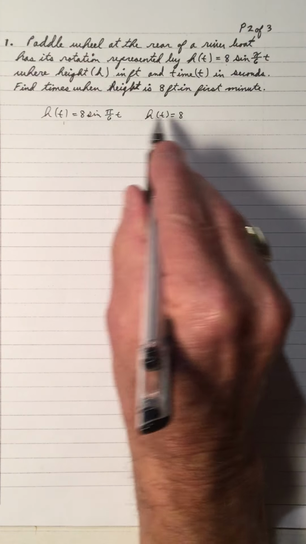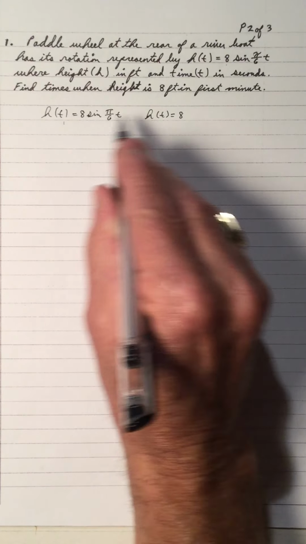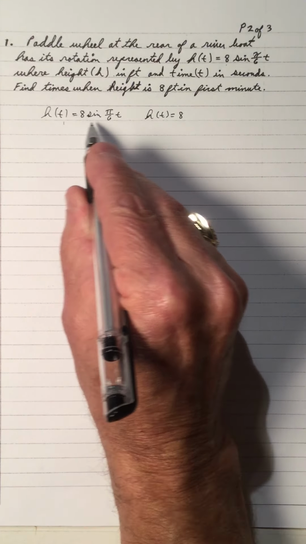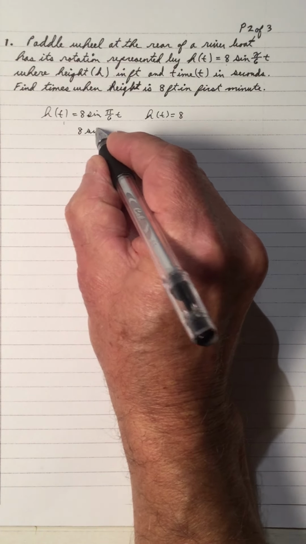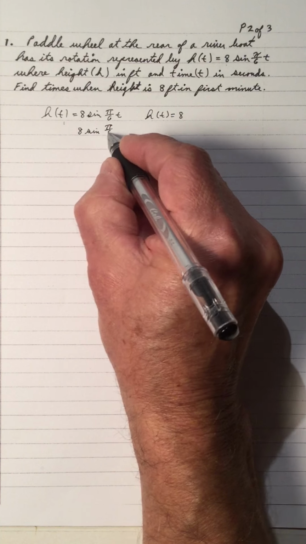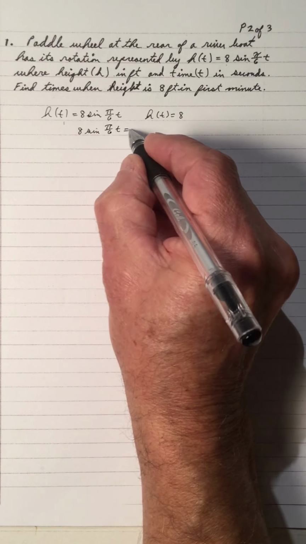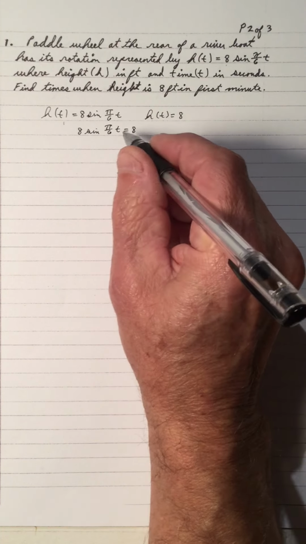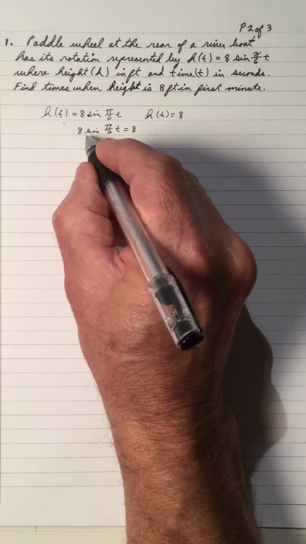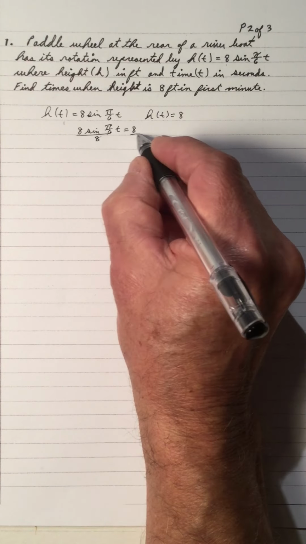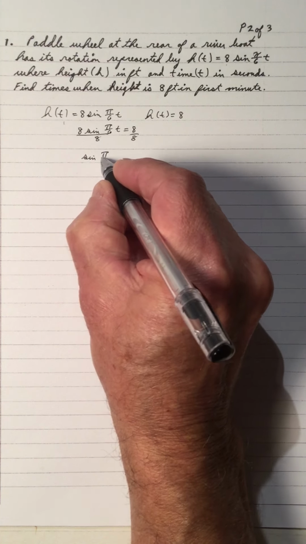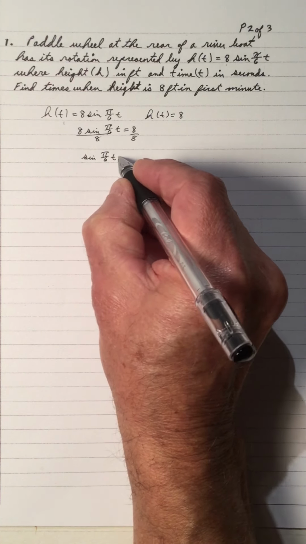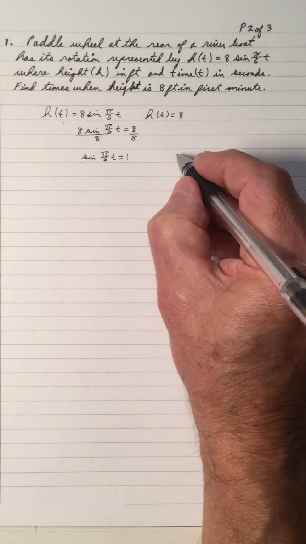Since each equation represents the height, that means 8 sine pi over 6t equals 8. We divide by 8 on each side, and we get the sine of pi over 6t equals 1.